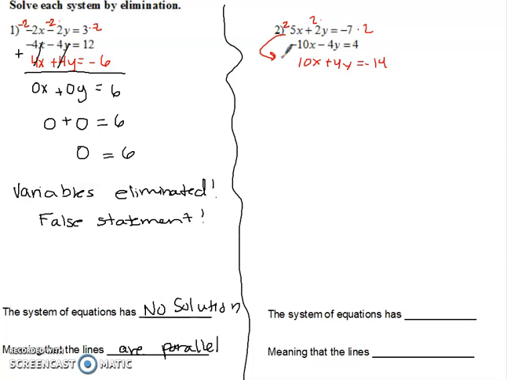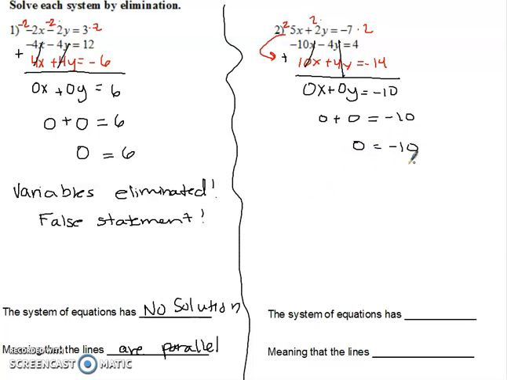And then I add negative 10 and positive 10x give me 0x, negative 4y and positive 4y give me plus 0y equals, and then 4 plus a negative 14 gives me negative 10. 0 times x is 0, 0 times y is 0, and when I add, 0 equals negative 10.